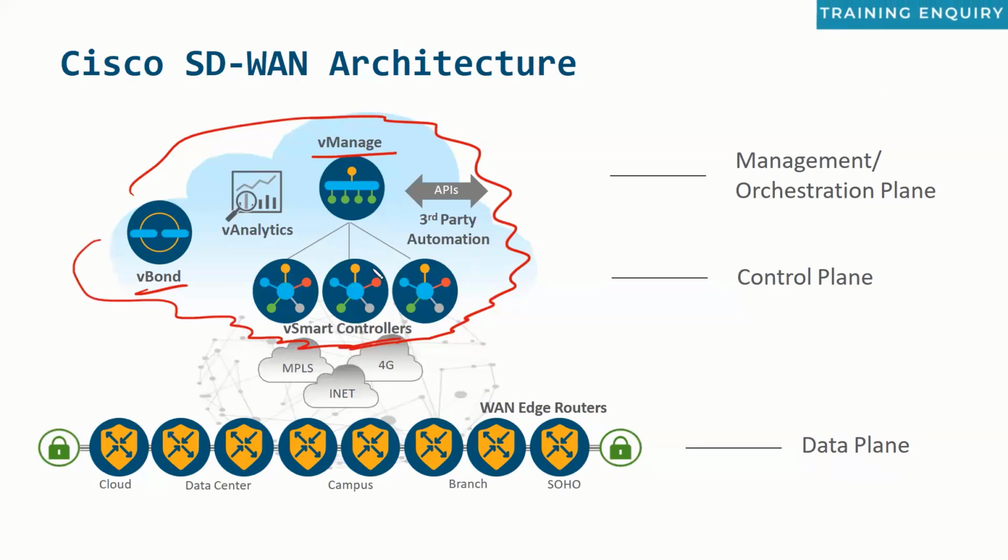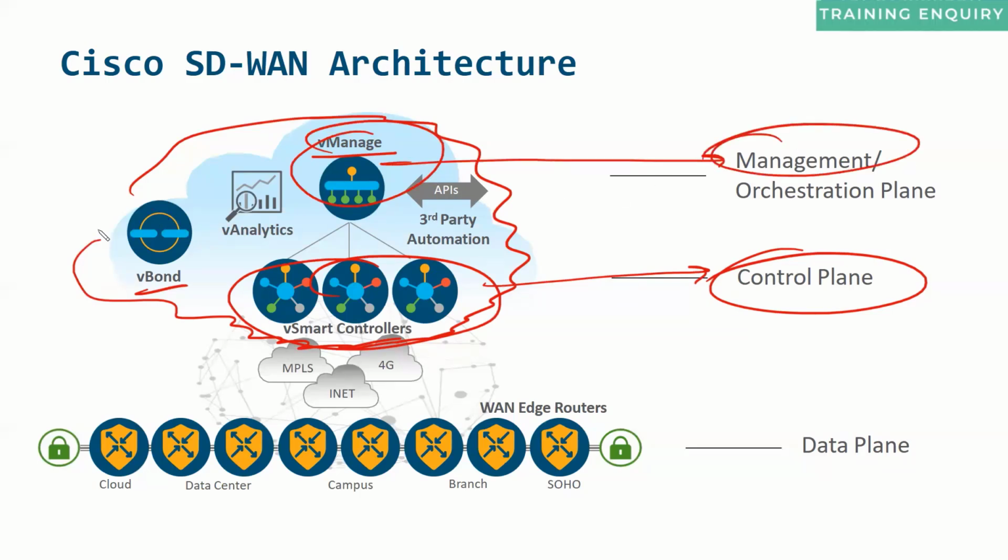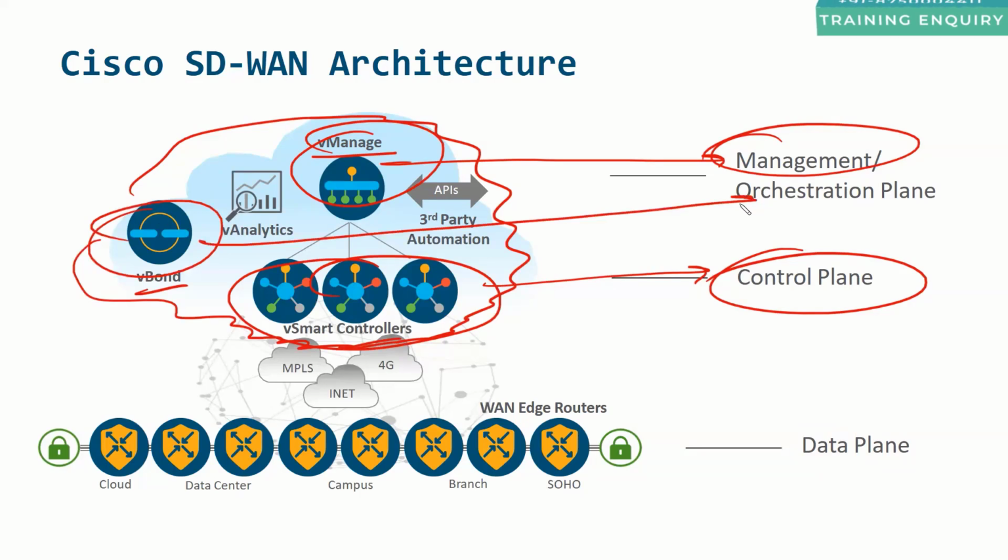Remember, vSmart controllers are part of the control plane, or you can also call them control plane components. So vSmart controllers are also known as control plane, vManage is called management plane, and vBond is also known as orchestration plane.